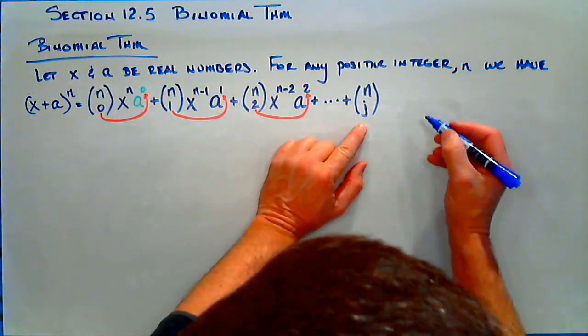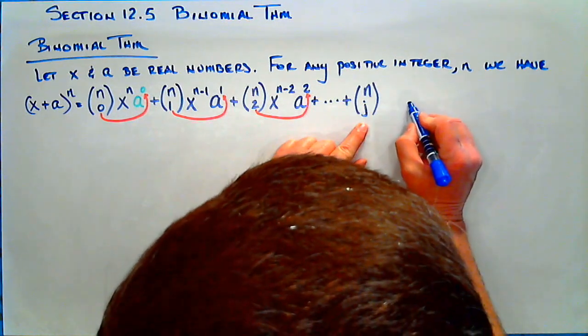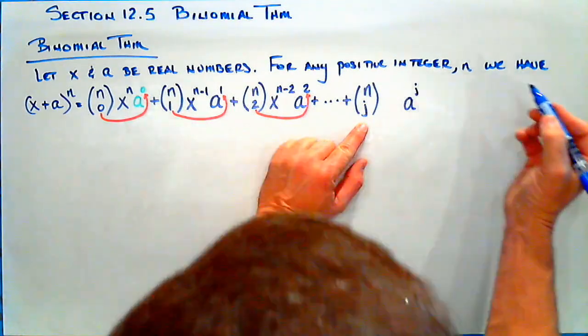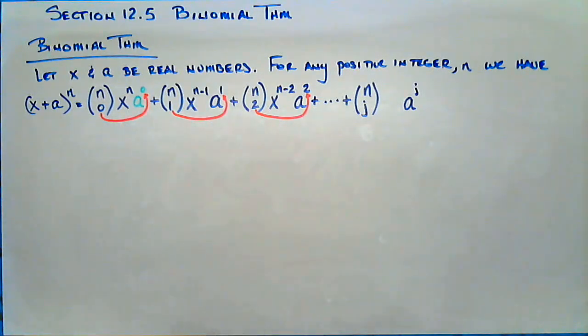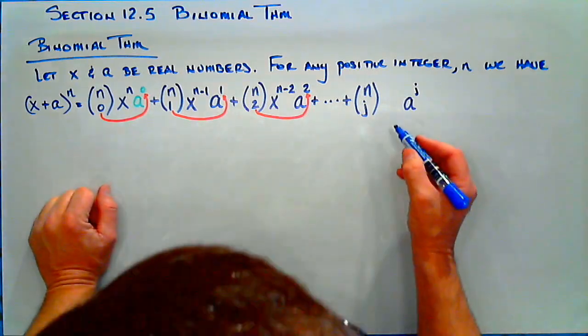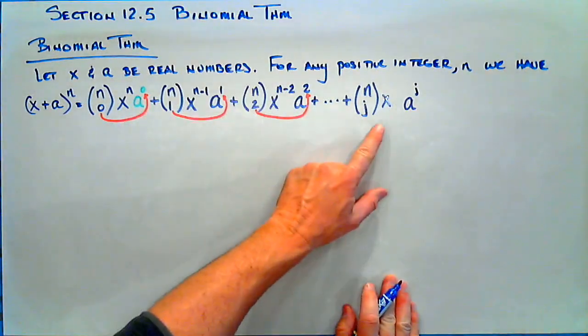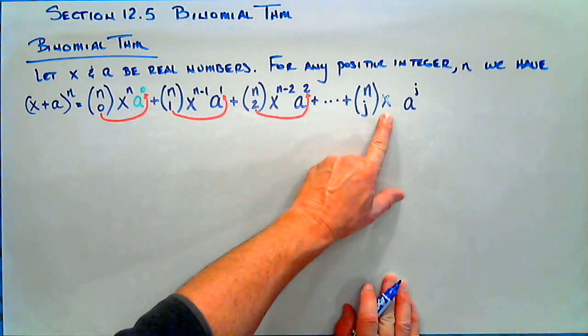So I like to write the second one first. I like to write my a, and then I know my power on that's going to be j, because that's the pattern that we've been following. Now, what's the power on x going to be? I always write this one second. I understand it comes first, but I write it second.